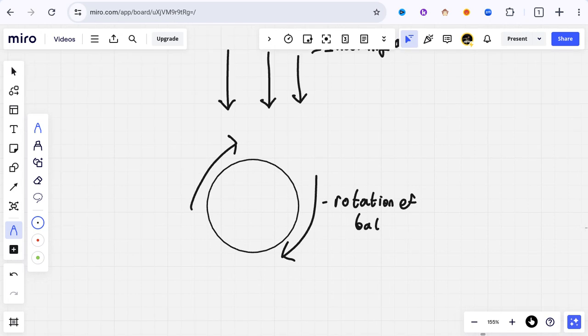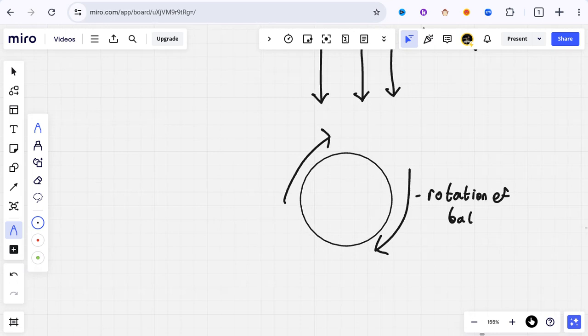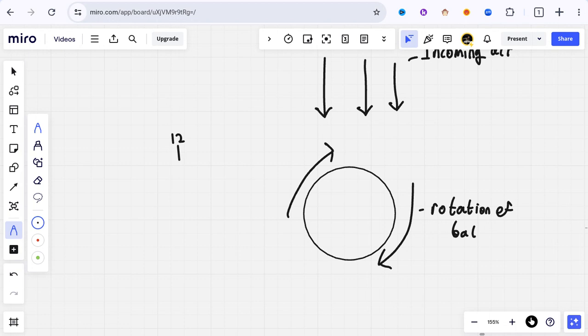Basically, Yamal hits the ball towards the left side like this and imparts a spin in the clockwise direction on the ball. If you're confused why it's clockwise, imagine a clock. I can't draw a clock, but just imagine a clock. Say this is 12 o'clock, 1 o'clock, 2 o'clock, 3 o'clock, 4 o'clock, and 6 o'clock.